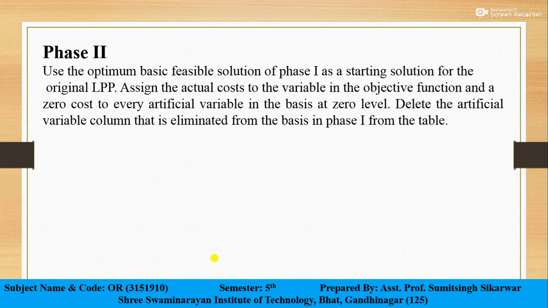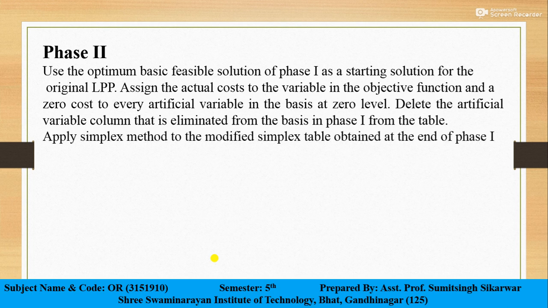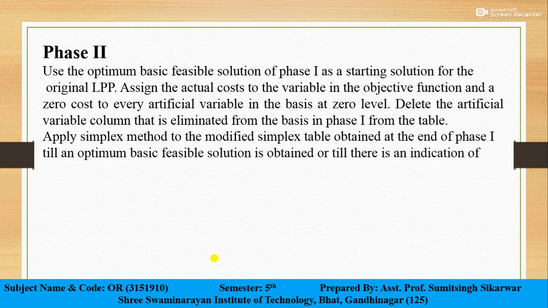Now we will delete all the artificial variables from the columns, which we have already eliminated in our phase 1. We will apply the simplex method and we'll get the solution of our LPP model.